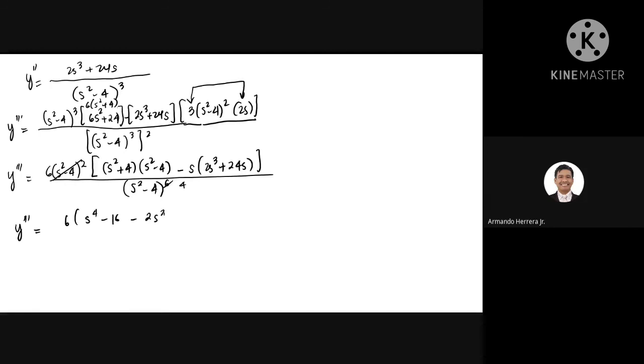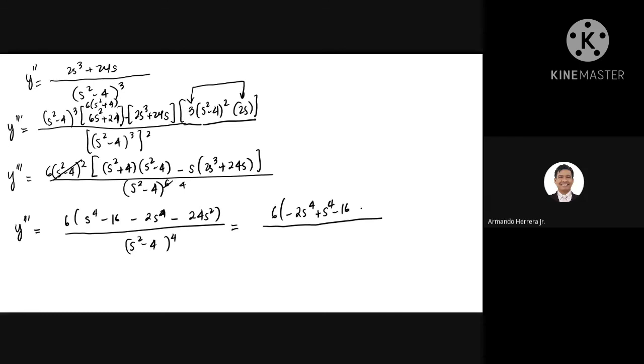minus 2s to the 4th minus 24s squared, all over (s squared minus 4) to the 4th power. So simplifying further, you have 6 times the quantity s to the 4th minus, that is negative 2s to the 4th, minus s to the 4th, or plus s to the 4th, minus 16, minus 24s squared, over (s squared minus 4) to the 4th.